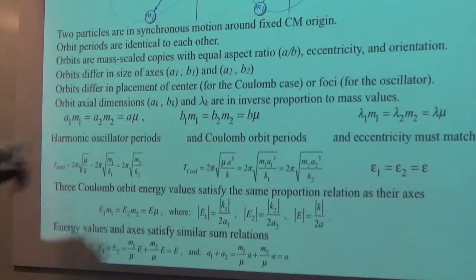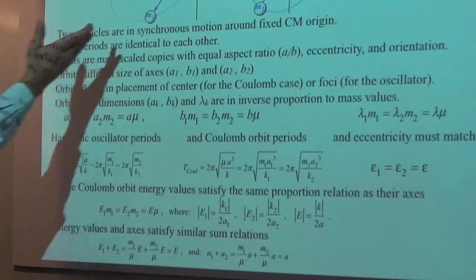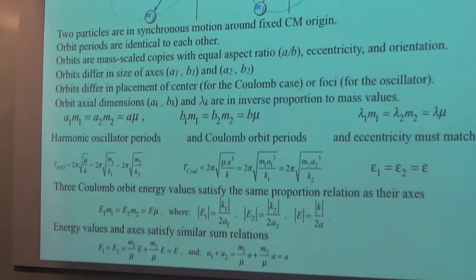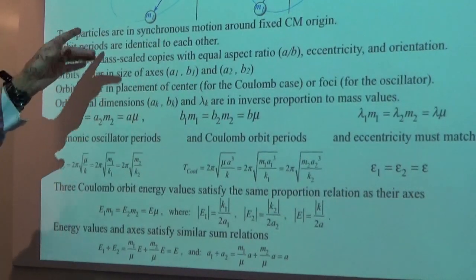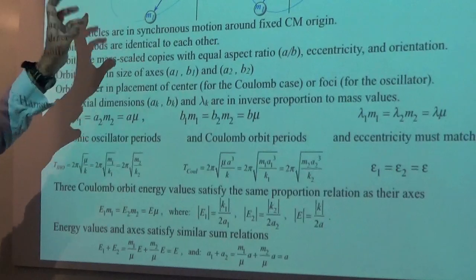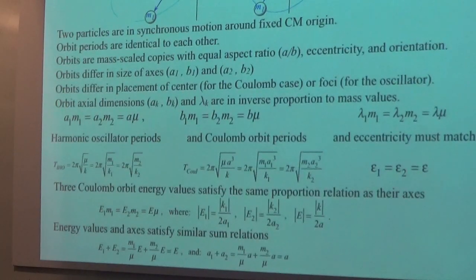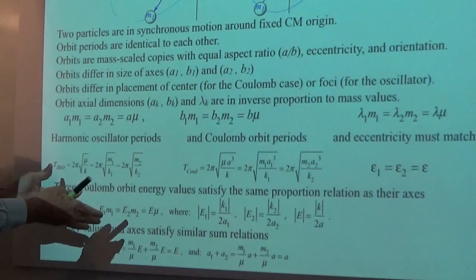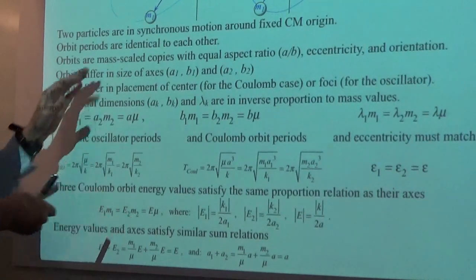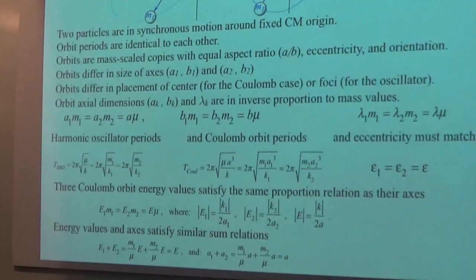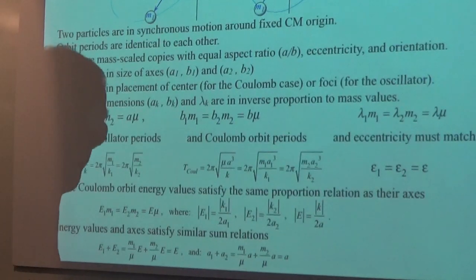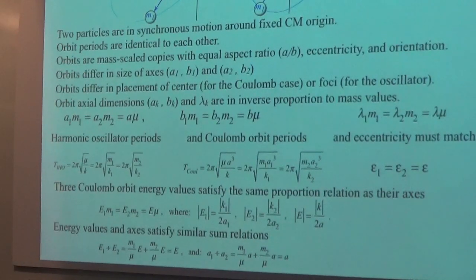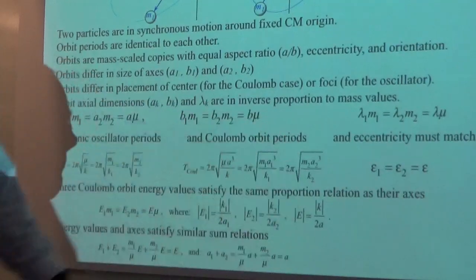So this is kind of a weird way to do things, but it's just what we need in order to carry out the program of being able to, with ruler and compass, construct the properties of a two-particle orbit. You basically do it for one with a scaled value that is associated with it, and then the other one can just be copied in proportion with these relations.